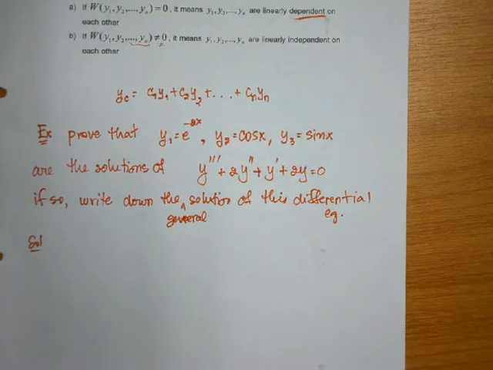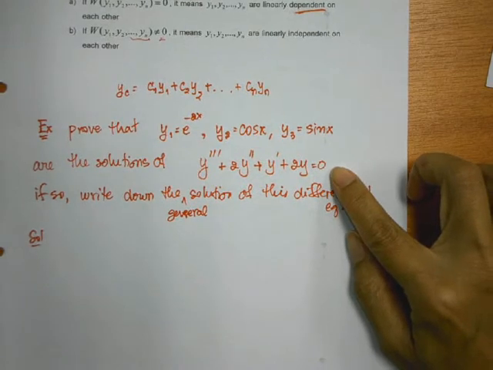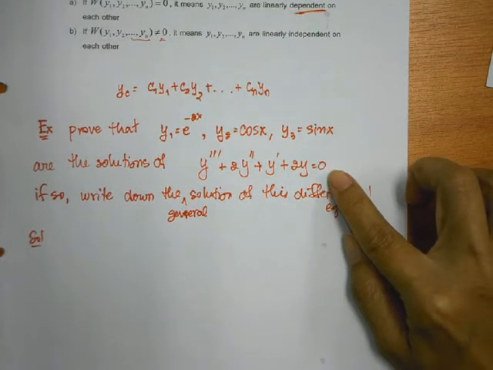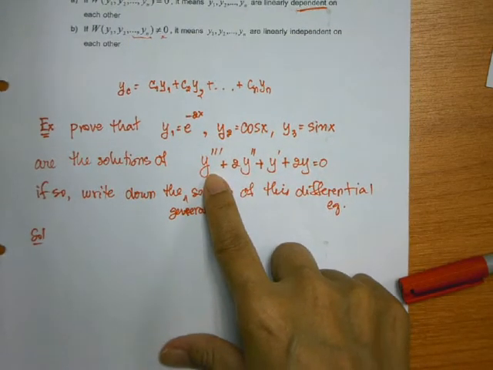Now, if you look at this differential equation, you would find that it is a linear differential equation. And it is a homogeneous equation, right? Because f(x) is equal to 0. What would be the order of this differential equation? Order of 3.